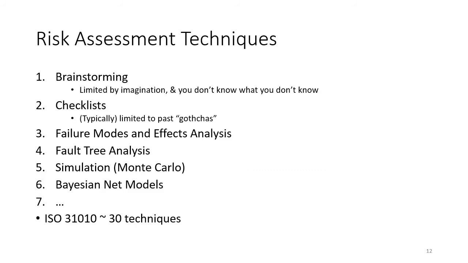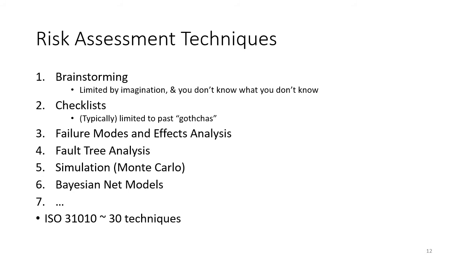So the question is, how do you come up with risks for projects? Well, you use all of the techniques that you would use to assess the risk of the product. You're treating the project as a process, as a system, and you use the same techniques to assess the risk. The ISO 31010 apparently has 30 techniques for risk assessment.